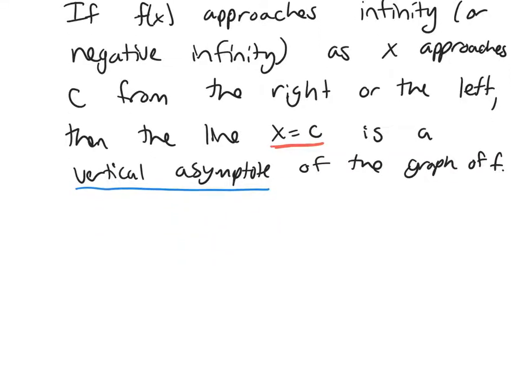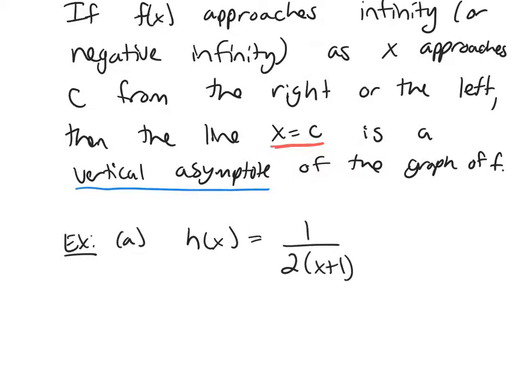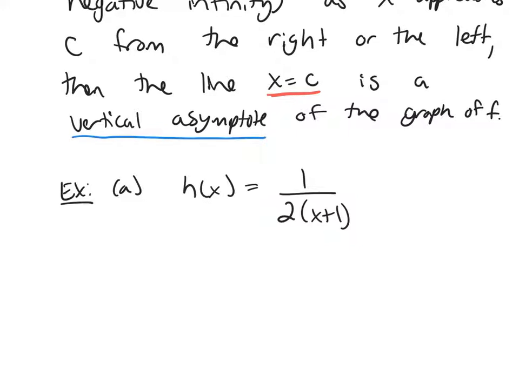So let's look at an example where we find the vertical asymptote. Let's say my function h of x is 1 over 2 times x plus 1. So here I have a rational function. The numerator is constant, so I just need to look at the denominator.